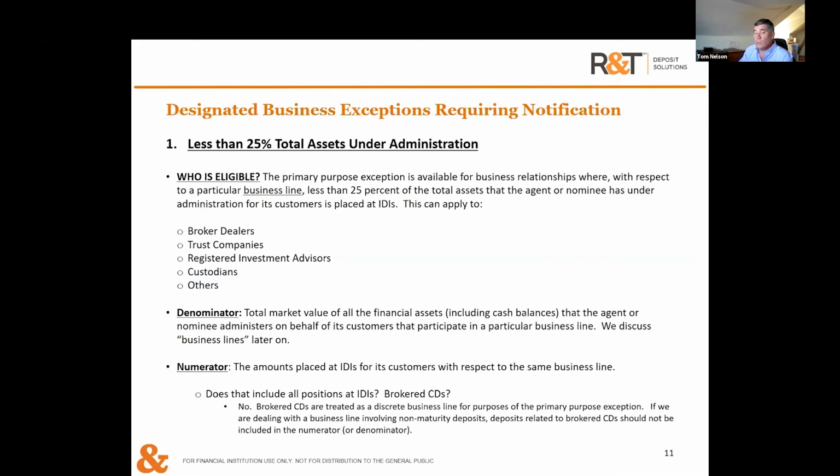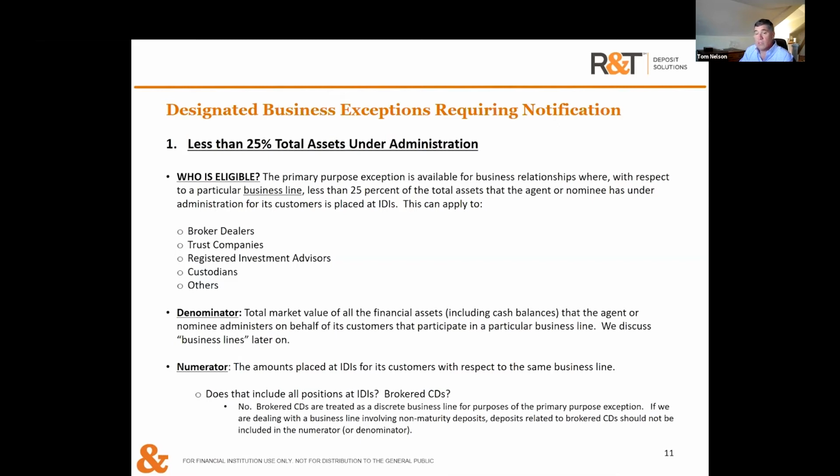And what this rule says is that if one of these entities is placing deposits into IDIs, into banks, on behalf of its customers, but those deposits represent less than 25% of their assets under administration, they will be exempt from being considered a deposit broker. So broker-dealer XYZ, Merrill Lynch, Wells Fargo, LPL, Raymond James, pick a name.